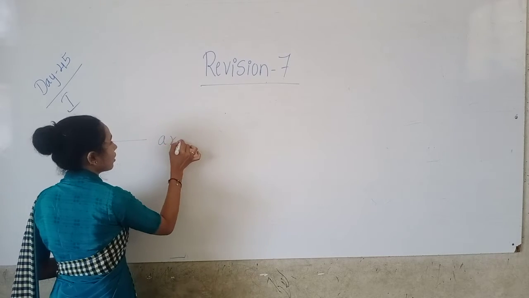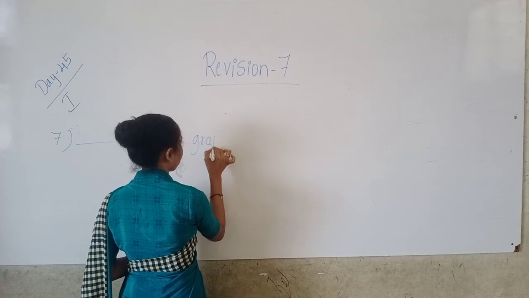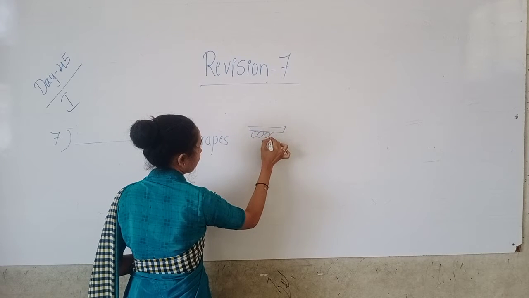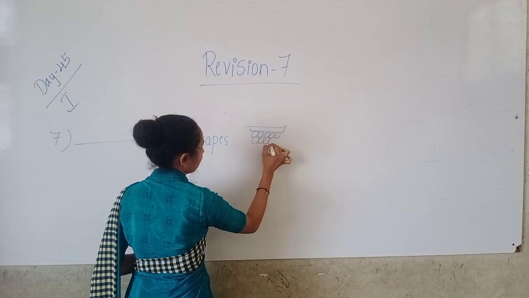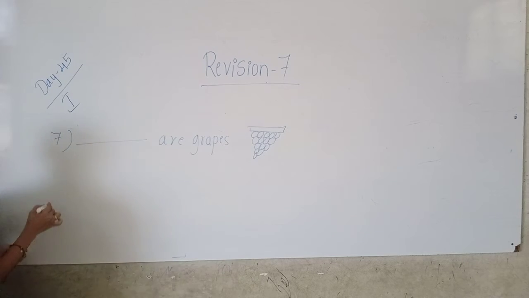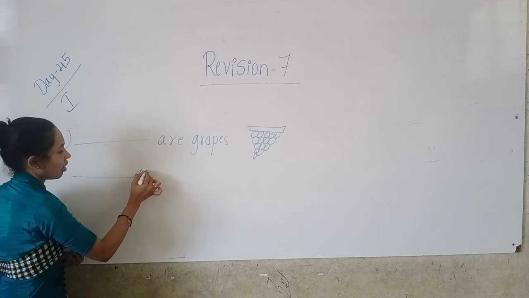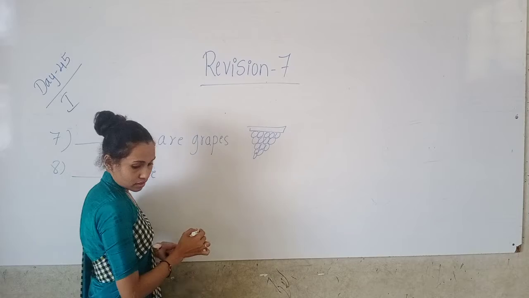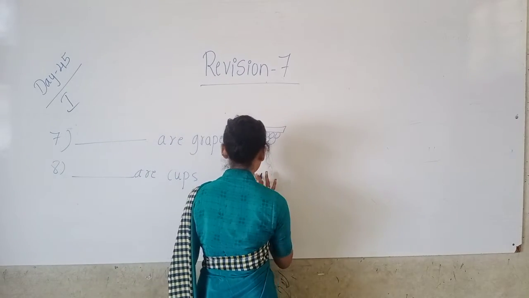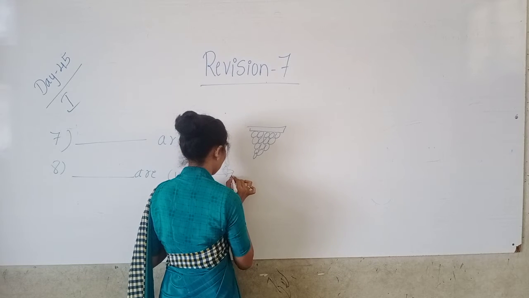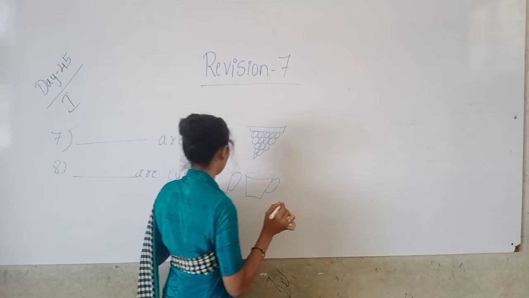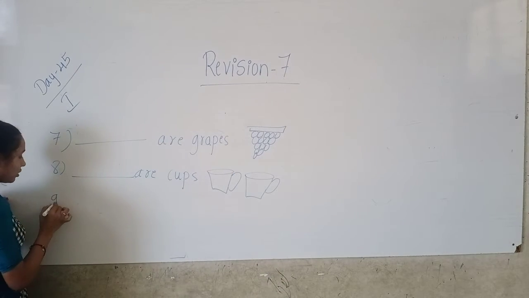Dash are grapes. Dash are cups. Ninth one.